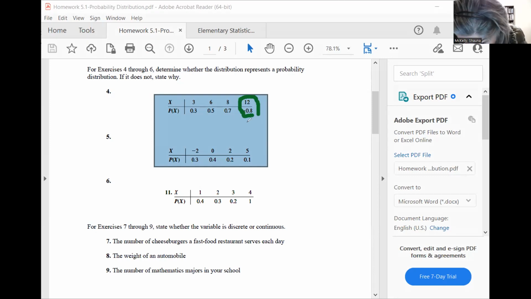So number 4 would be no. Number 4 does not represent a probability distribution because the probability associated with 12 is negative. Okay, so I would say something like, you can word this a few different ways.